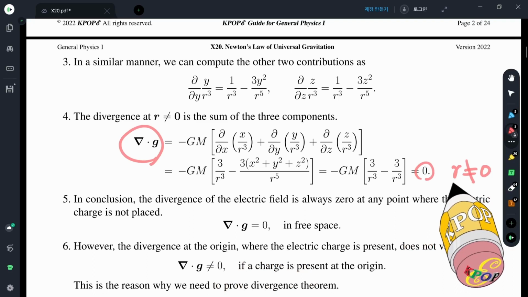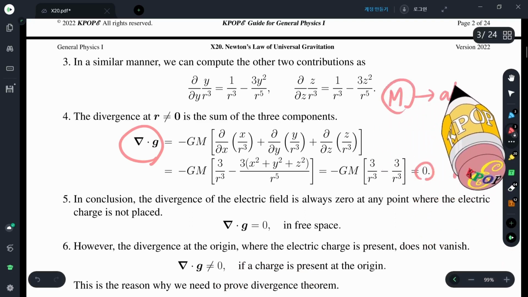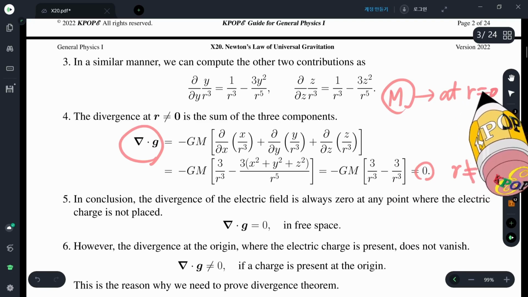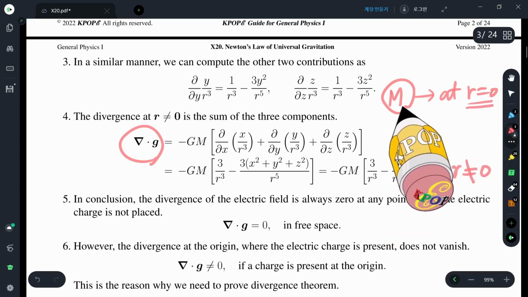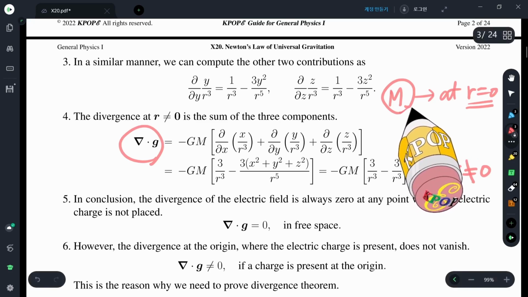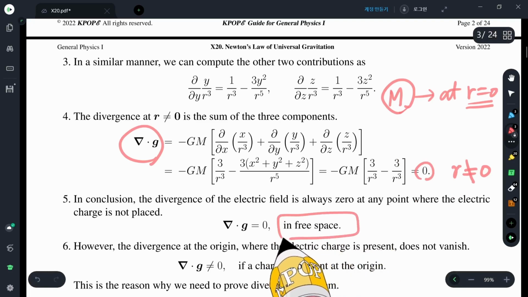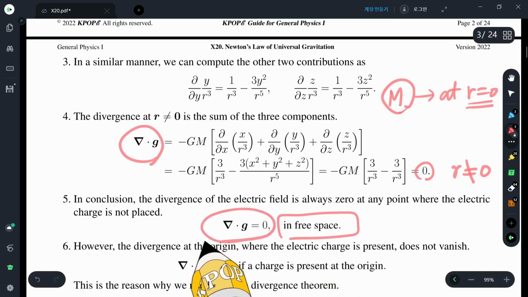Therefore, we record that the point mass M is placed at the origin. Except for this point, everywhere else, there's nothing. It's a vacuum. So in free space, the divergence of G, the gravitational field, is vanishing.